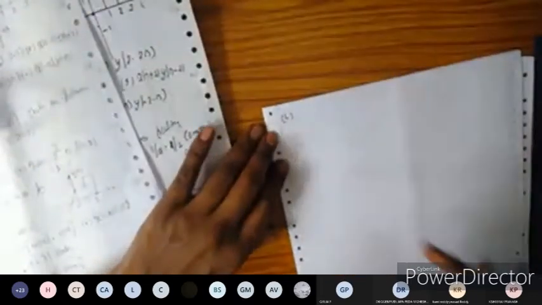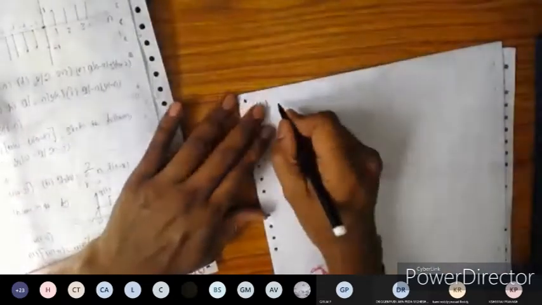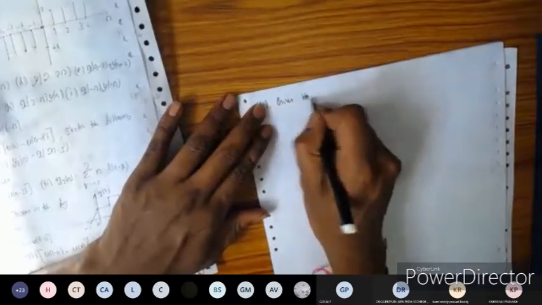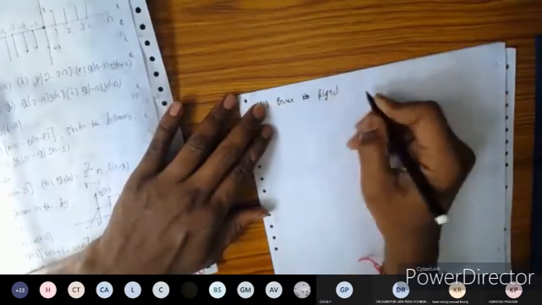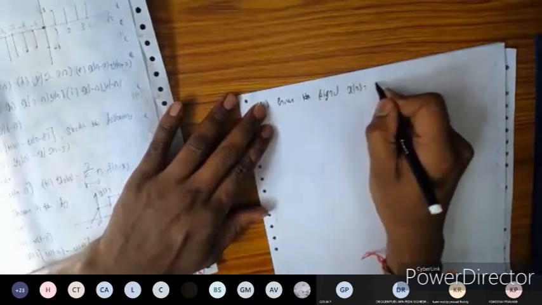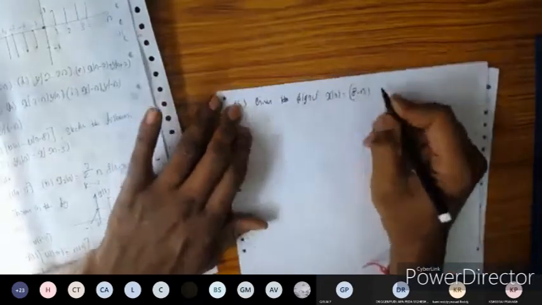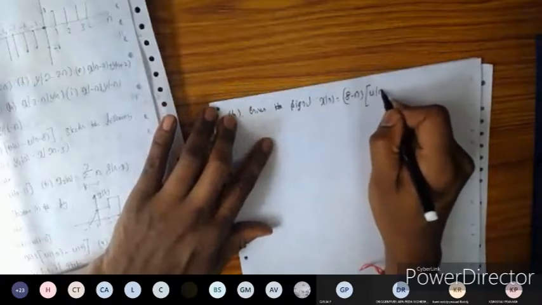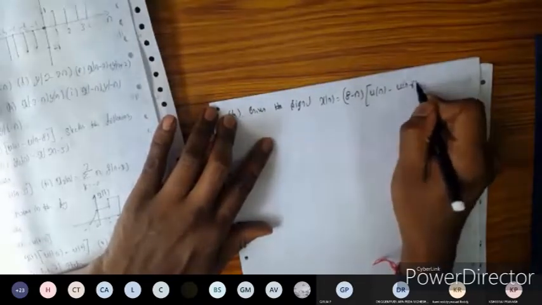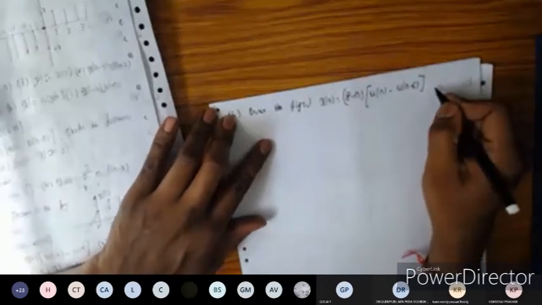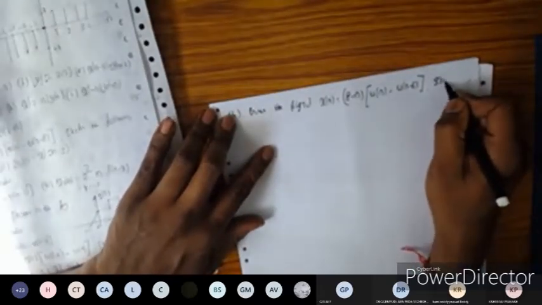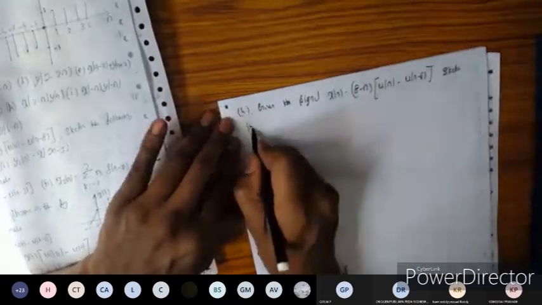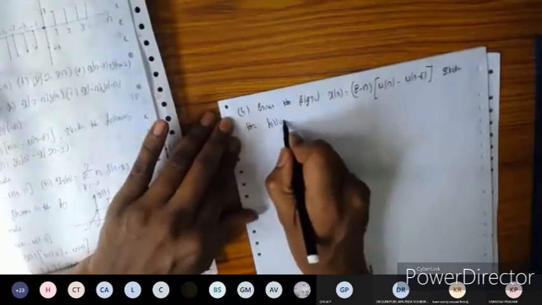Okay, so for problem number 4, given the signal x of n is equal to 8 minus n into u of n minus 8, sketch the following signals.